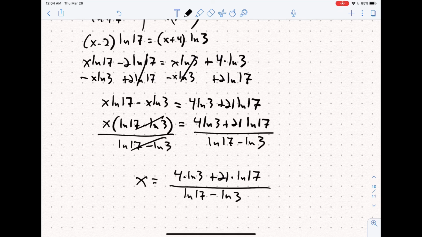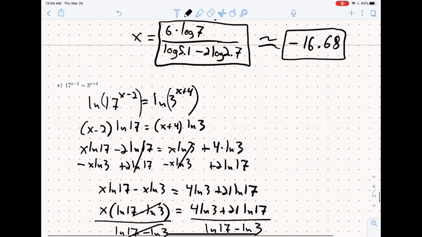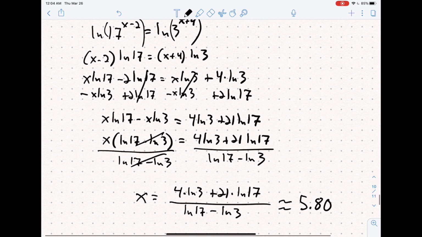So that's the exact answer, and for an approximate answer, if we plug that into the calculator, we are going to get 5.80. Take a look, try plugging it in and see what you get, and let me know if you have any questions.